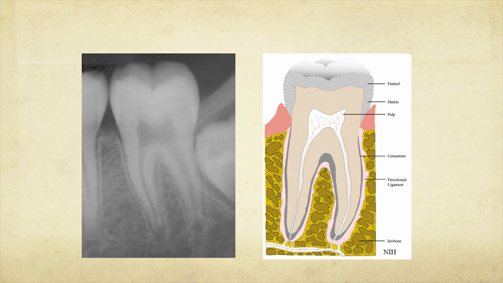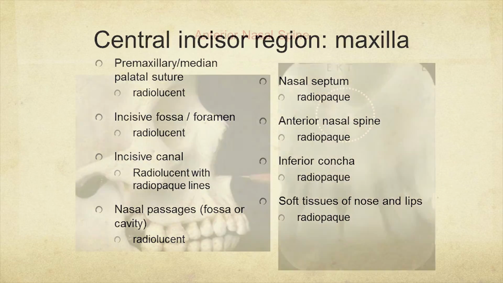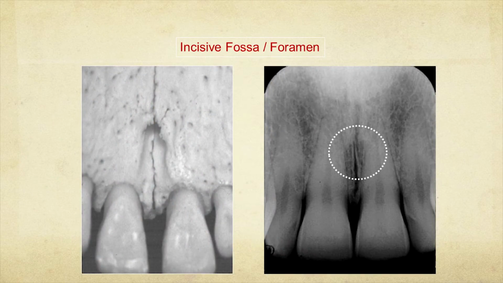And I want to bring out the first radiograph here in the maxillary area, where we are looking at the anterior nasal spine, which appears as a radiopaque area. So that's a common finding in anterior maxillary radiographs. And the other most important thing you would see in the anterior area of a radiograph is your incisive fossa or foramen, which is one of the commonest findings.